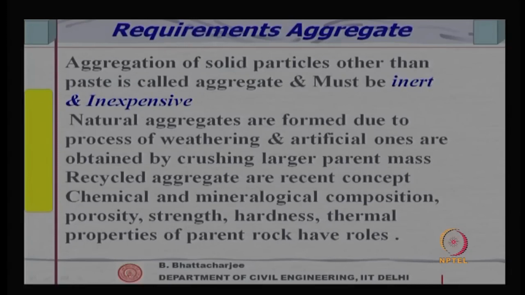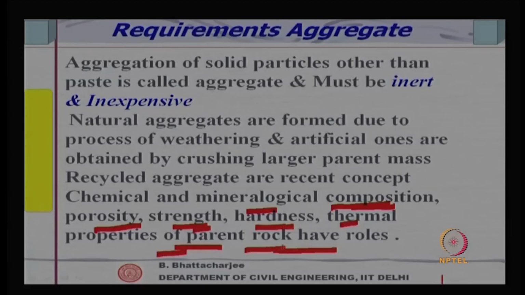Chemical and mineralogical composition are important. Porosity, strength, hardness and thermal properties all have their origin in the parent rock. So, chemical and mineralogical composition, porosity, strength, hardness, thermal properties all depend upon the parent rock itself.